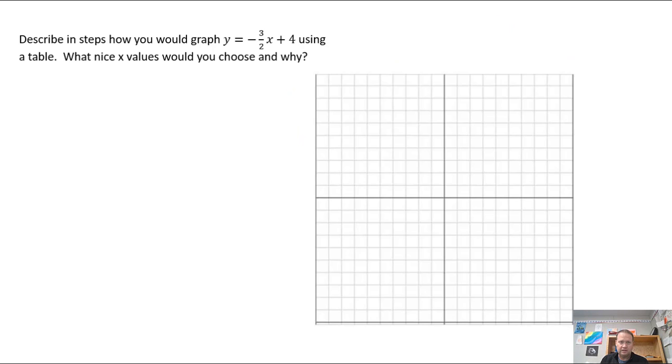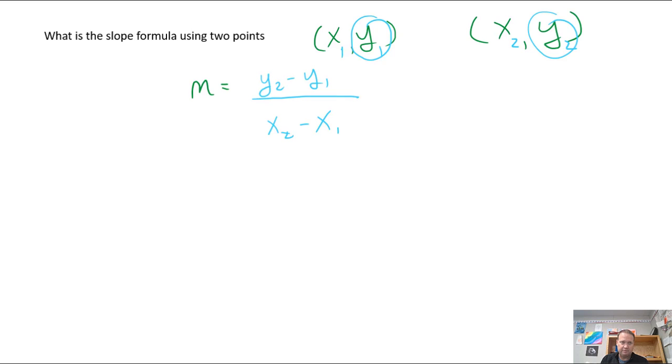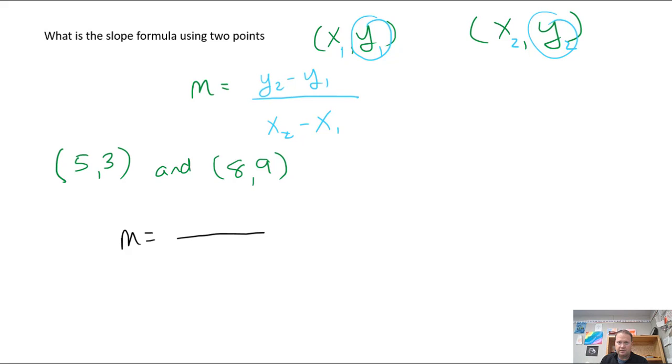Let me give you an example of something like this. If I had 2 points at 5, 3, and let's say 8, 9, we want to find the slope. I'm going to go y2 minus y1. So there's a y and there's a y.